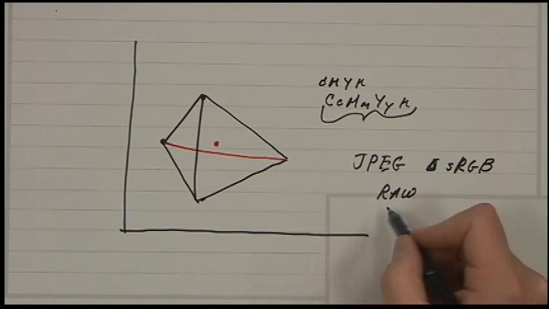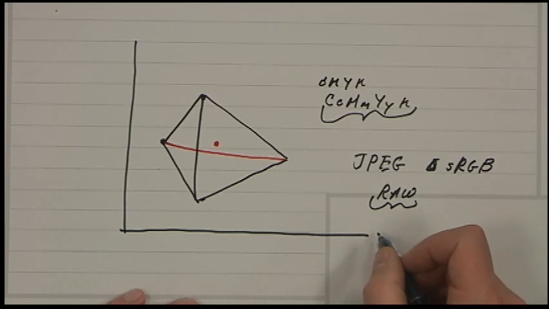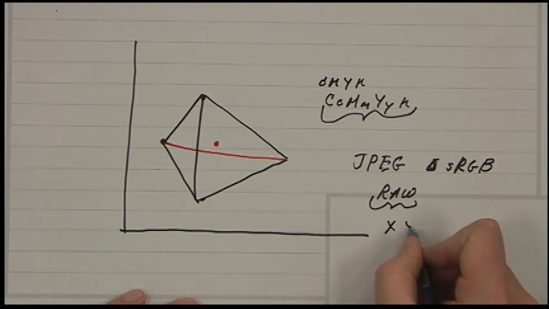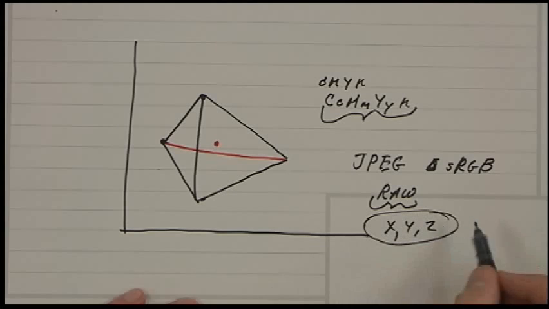Okay, RAW means that they just plop the sensor data down on the chip. If you measure the sensor data, hopefully the sensor data is taken in a subspace of XYZ. So if you haven't processed the data, you have as much information as possible.